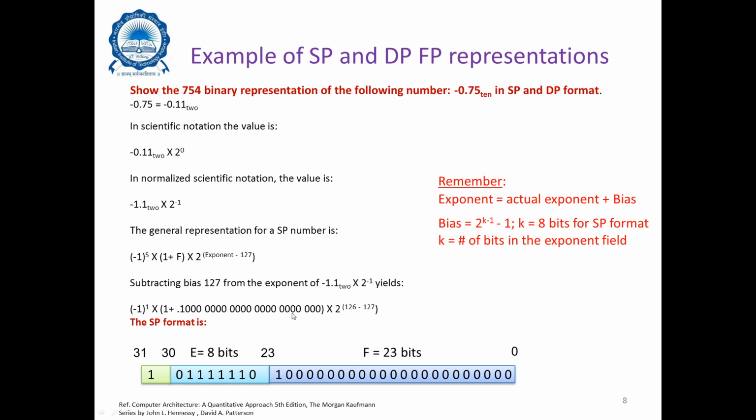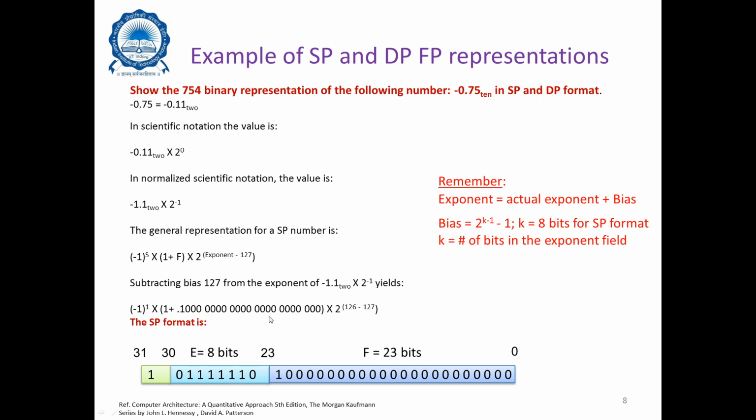So 3 plus 4, 7, 11, 15, 19 and 4, 23. So that's why we have 23 bits to the right of the decimal, which represents the fraction part. And in totality, the number inside the bracket, 1 plus the entire fraction, gives you the significand. And of course 2 to the power 126, which is the number in the exponent field. If you put actual exponent as minus 1 and bias as 127, you're going to get 126.